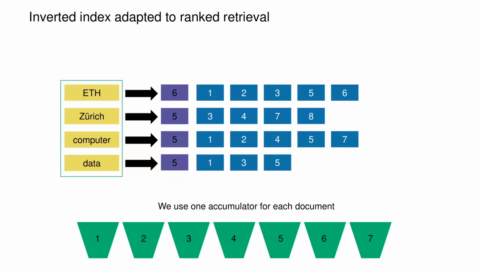Bucket 1 accumulates the scalar product between document 1 and the query. Bucket 2 between document 2 and the query. Initially, these buckets are at 0, and we are going to fill them with the products of the TF-IDFs.